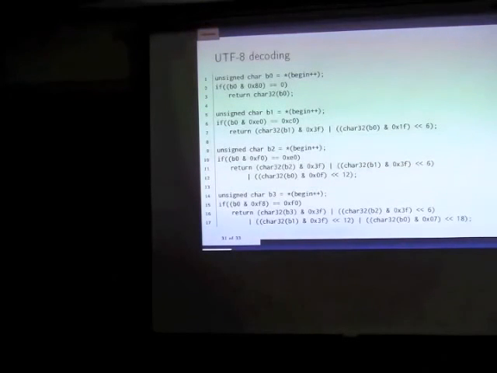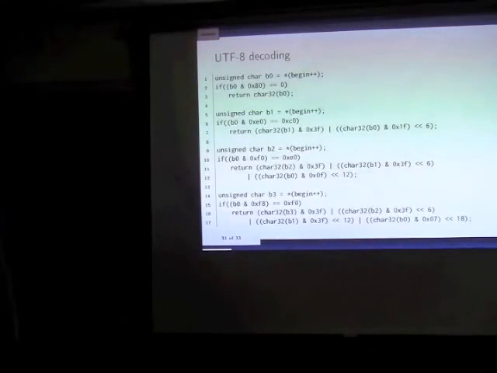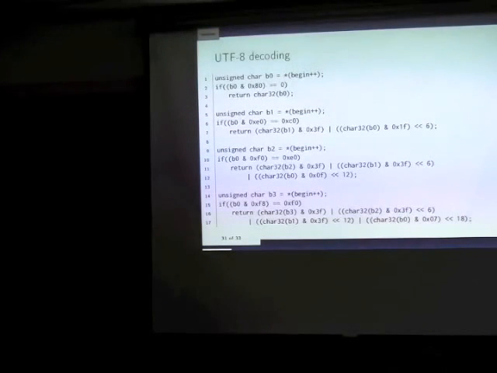So, what does UTF-8 decoding look like? This is the algorithm I would use. I do not guarantee this is the best way to do this. I just did it two years ago, looking at the definition on Wikipedia, basically. What we'll see is that we're going to consume 1, 2, 3, or 4 different elements of input.